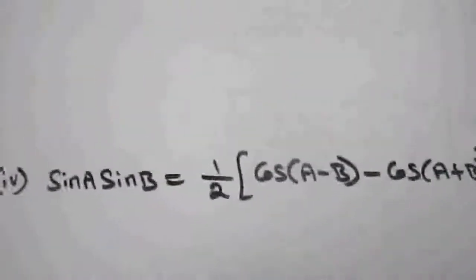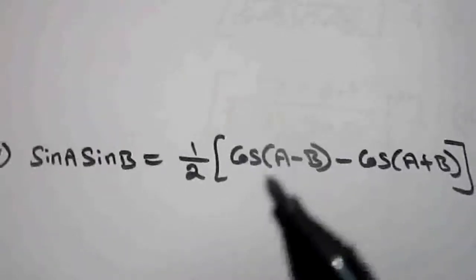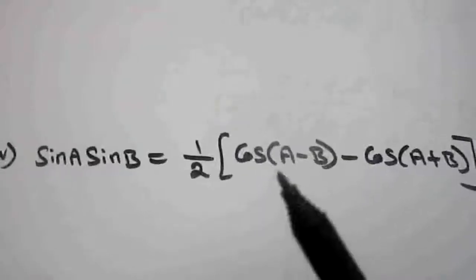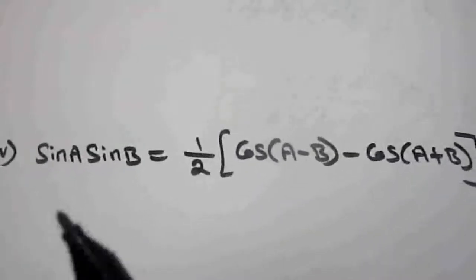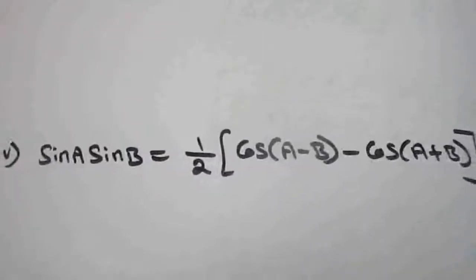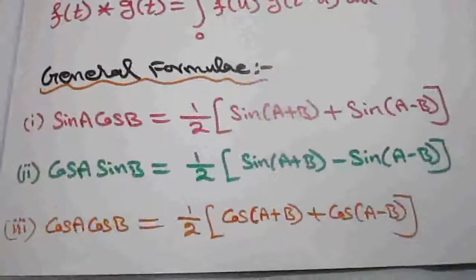The fourth formula, sin A sin B is 1 by 2 of cos(A minus B) minus cos(A plus B). This is only the difference, first minus then plus. So these four general formulas are required to solve the problem.